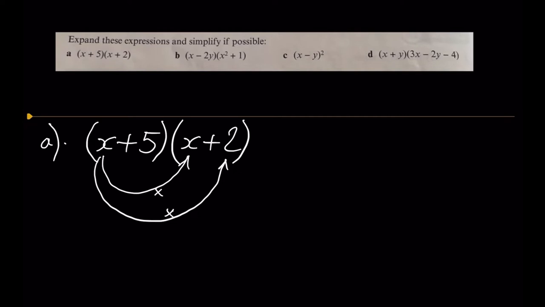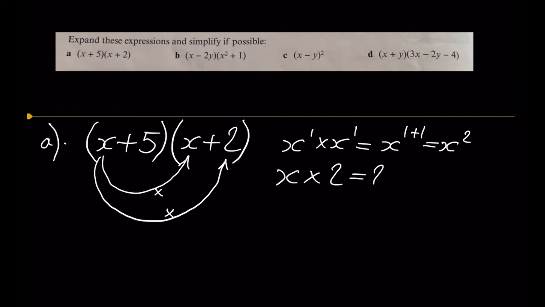So x times x, as we said before, using index laws, is the same as x to the power 1 times x to the power 1, which is equal to x to the power 1 plus 1, which is x squared. And then x times 2 is equal to 2x.